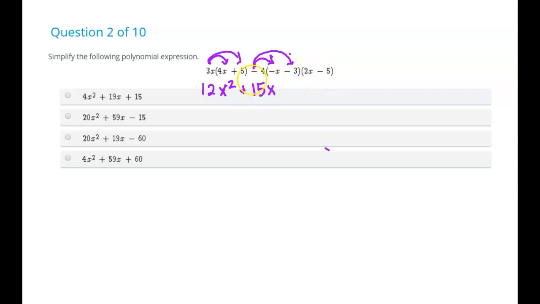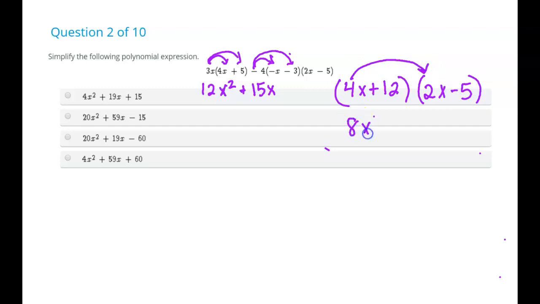So if I look at this one, I've got negative 4 times negative x is positive 4x, and then negative 4 times negative 3 is positive 12. So I get the answer for that. Then I'm going to take the second part, 7x minus 5, and FOIL it. 4x times 2x gives me 8x squared.